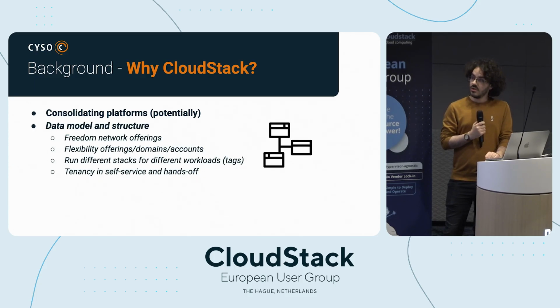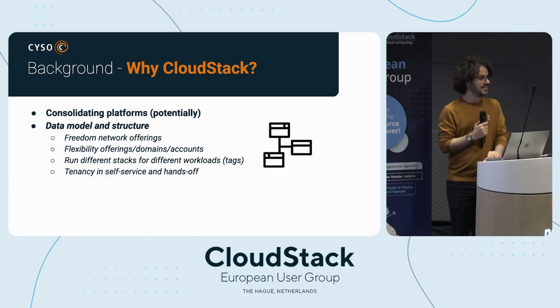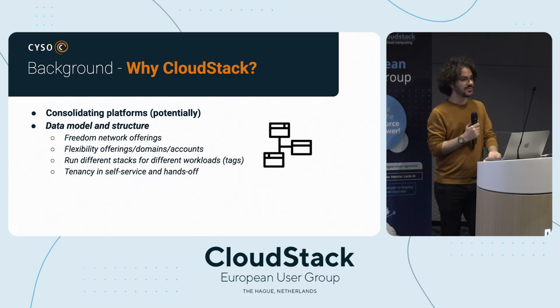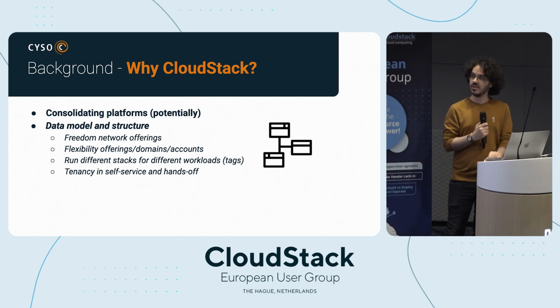And the data model and structure. CloudStack has a beautiful data model. It's quite big. It's a giant database if you start splicing it out. But there's a lot of freedom when it comes to your network offerings, when it comes to your compute offerings, your storage offerings, even your backup offerings. You've got a lot of flexibility.